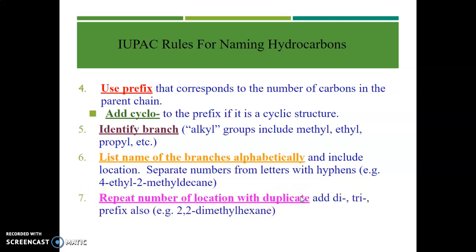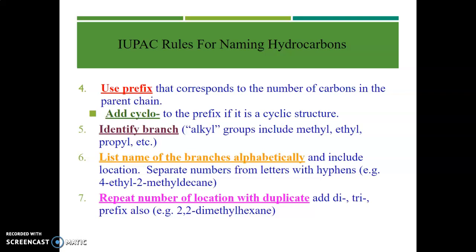In this example, if you have a repeat in the location, a duplicate, you must tell me that. That's where that other prefix comes in. How many of the methyl groups or the ethyl groups do you have on this particular carbon in this case? And then you tell me that. And it's located on 2,2. Both of them are on the same carbon. So 2,2-di.